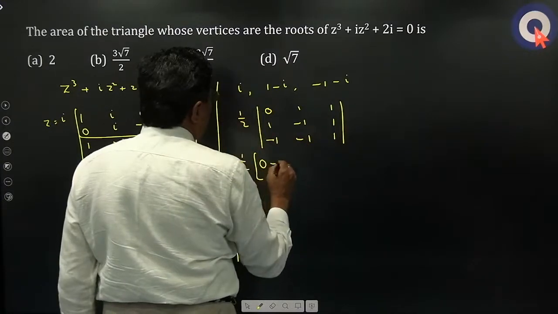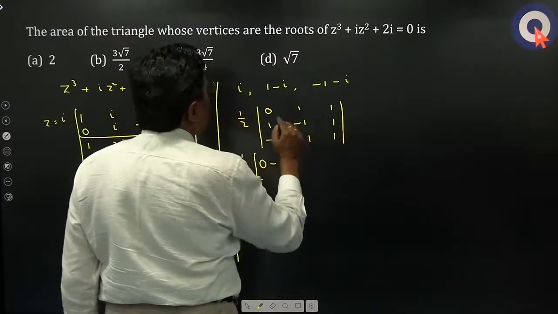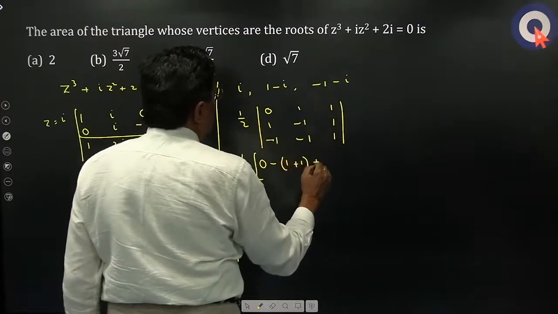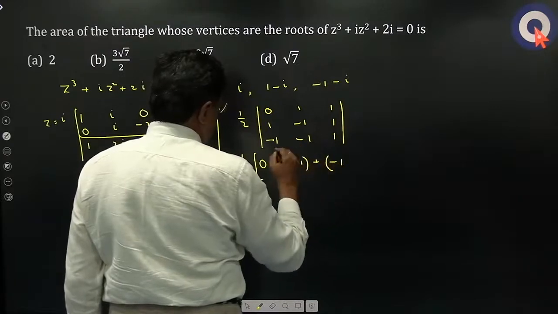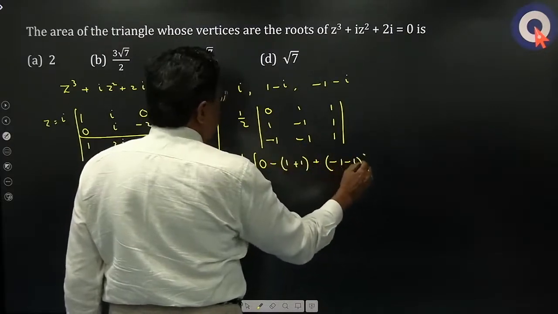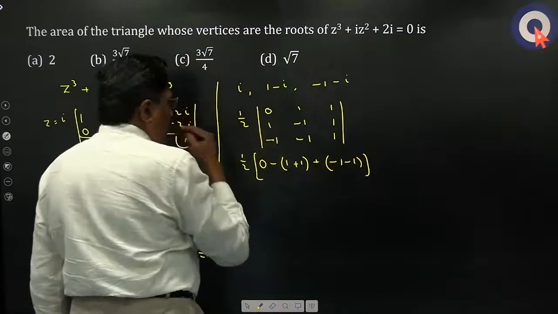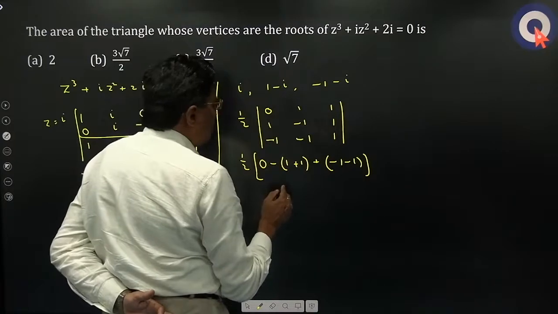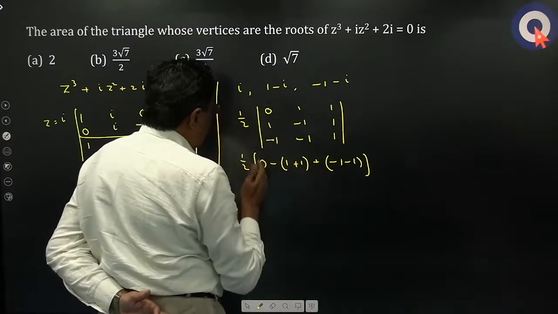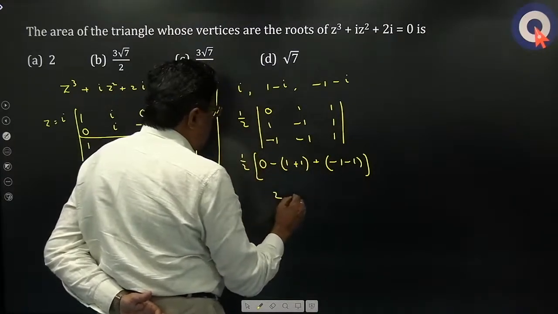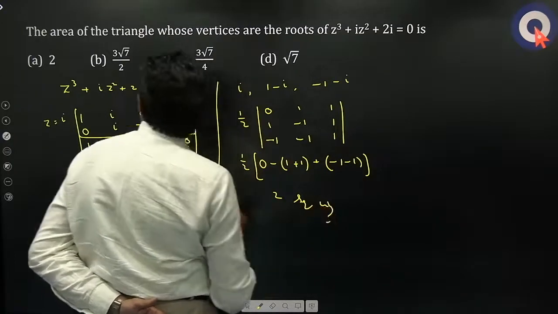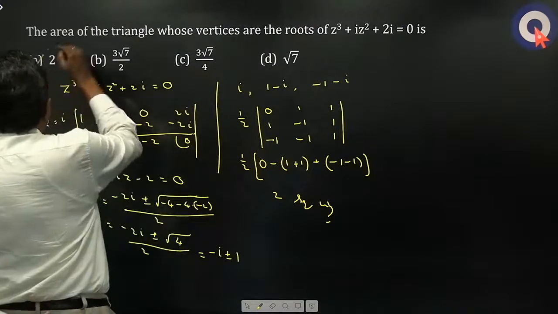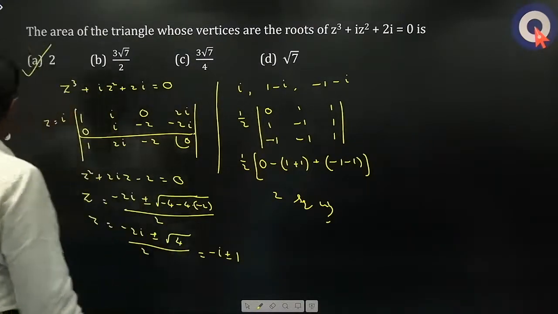Minus 1 into, what you get here? 1 plus 1, plus 1 into minus 1 minus 1. So this being an area, we can consider the absolute value. Minus 2 minus 2, minus 4 by 2 is minus 2. So the absolute value is 2 square units. So the area of the triangle whose vertices are the roots of this is 2 square units. All right.